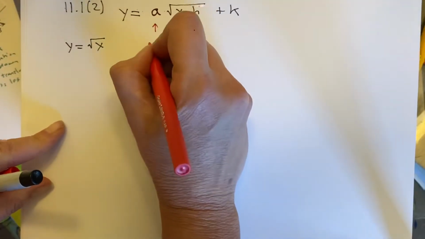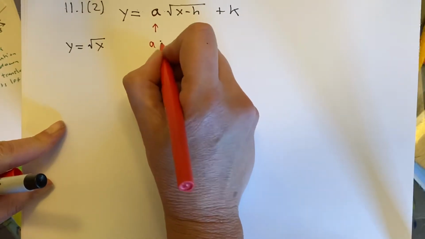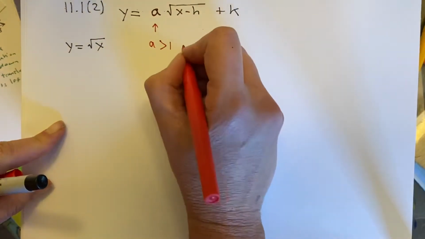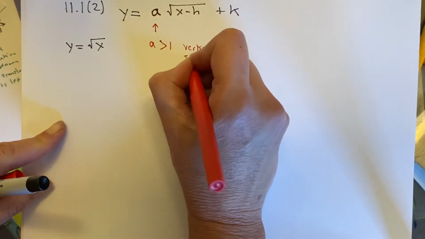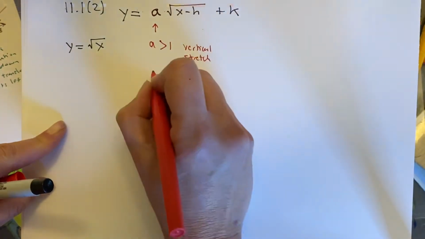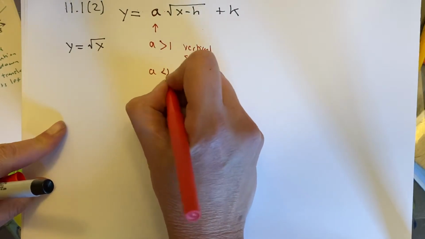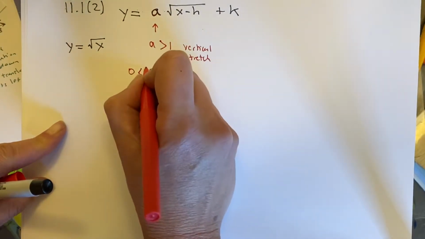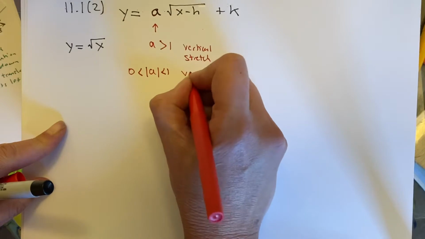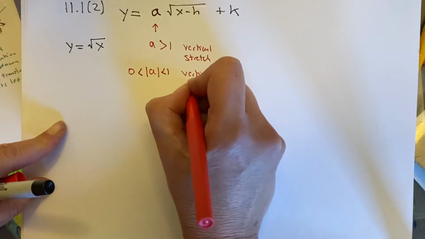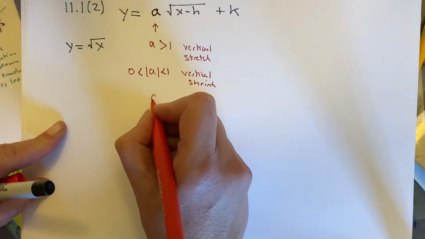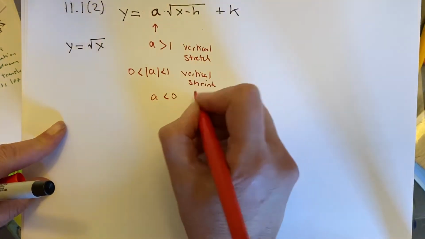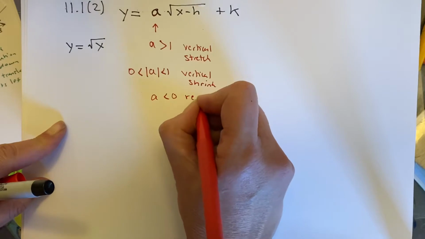A, if it is greater than 1, means a vertical stretch. A, if its absolute value is less than 1 or greater than 0, means a vertical shrink. And if A is less than 0, in other words, if it's negative, you get a reflection.